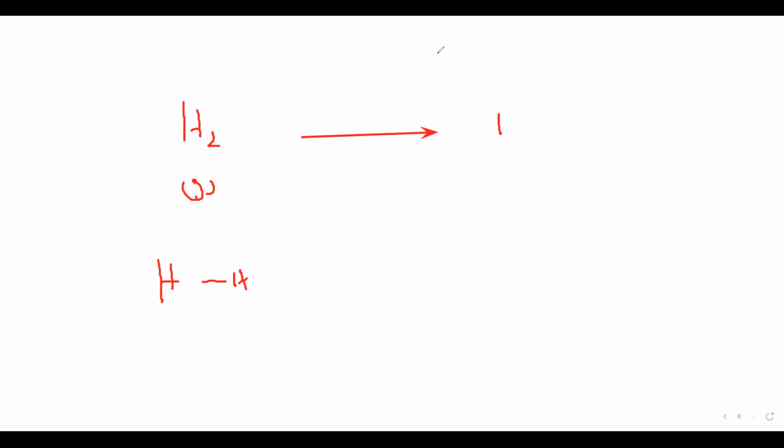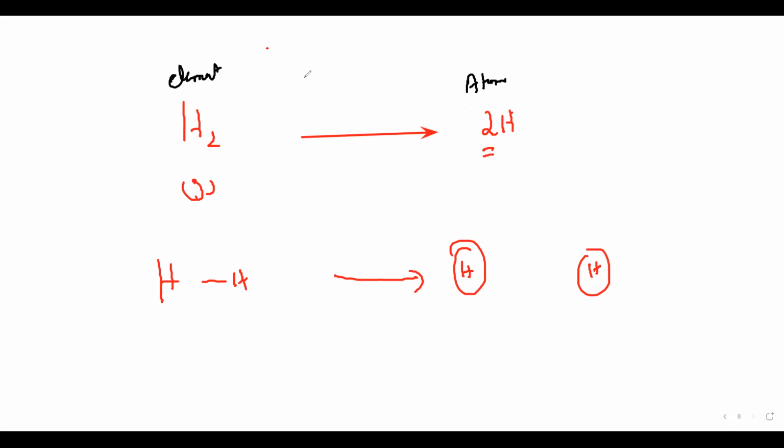So how many hydrogen atoms will one molecule produce? Two hydrogen atoms. So when we supply energy, it will produce two hydrogen atoms. So now two hydrogen atoms are produced, and the element is forming atoms. When elements are forming atoms, we call that atomization.